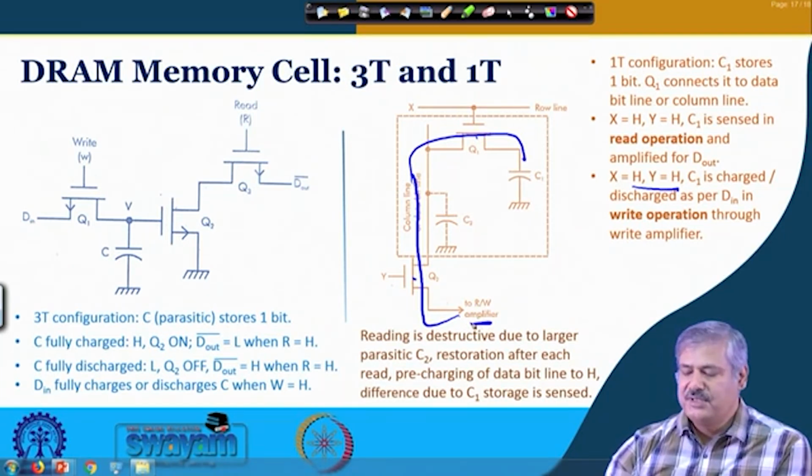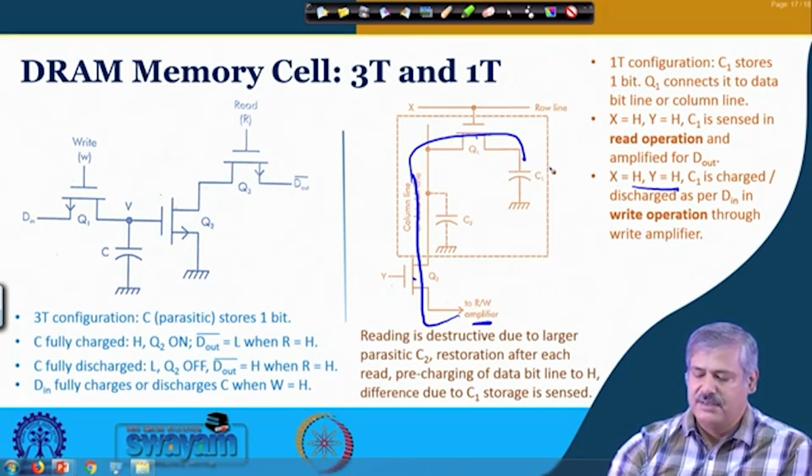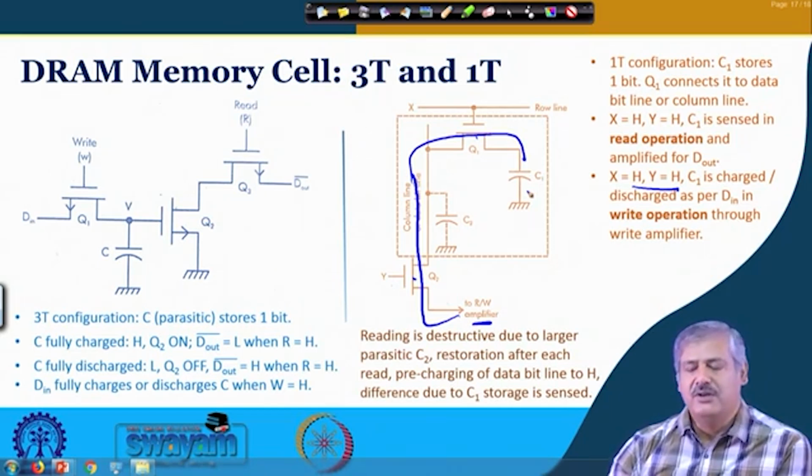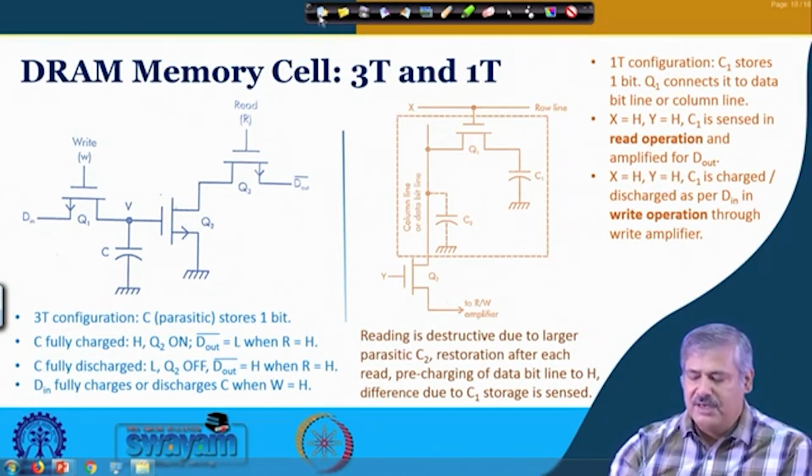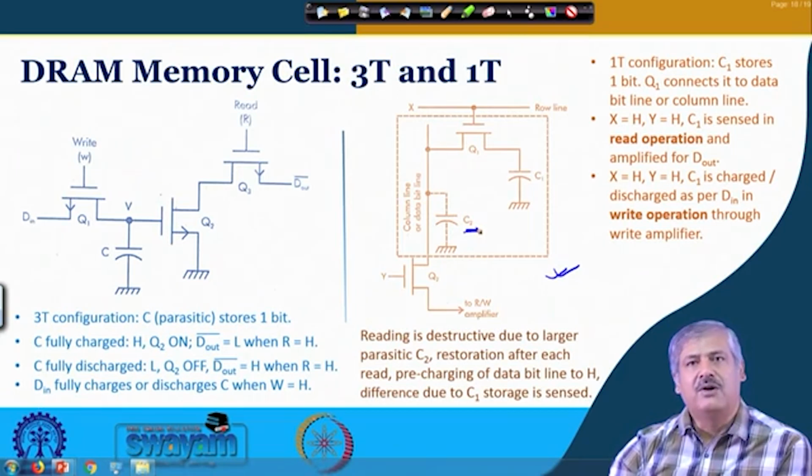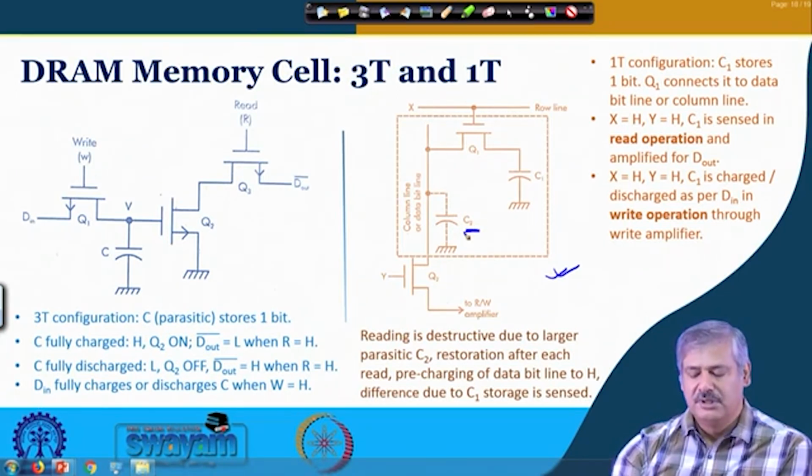Okay. So, this is the way this memory cell is storing information, high or low. Now, regarding the other issues that are there with this arrangement. Here there is a large parasitic capacitance that occurs as C2 over here.